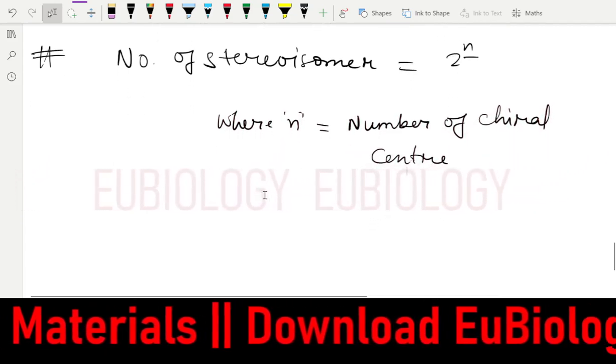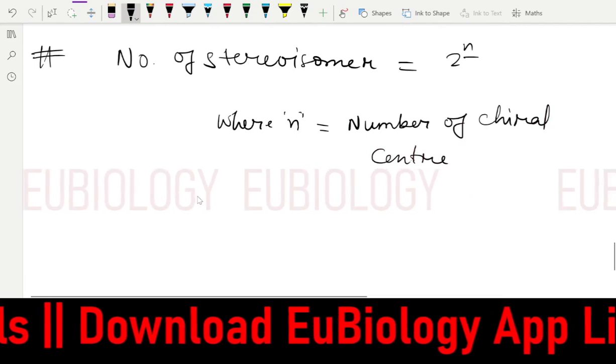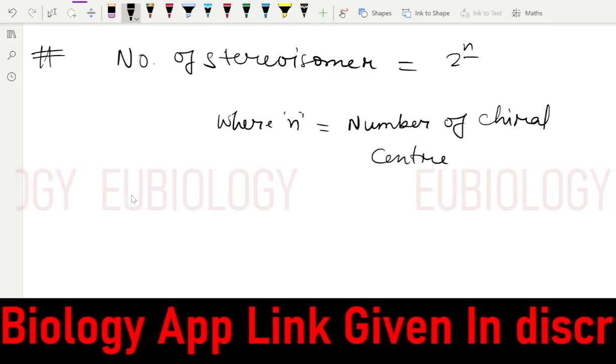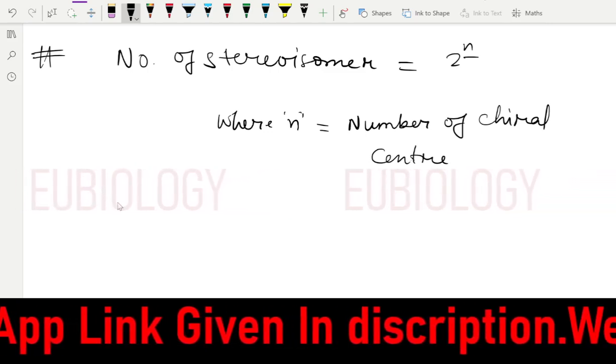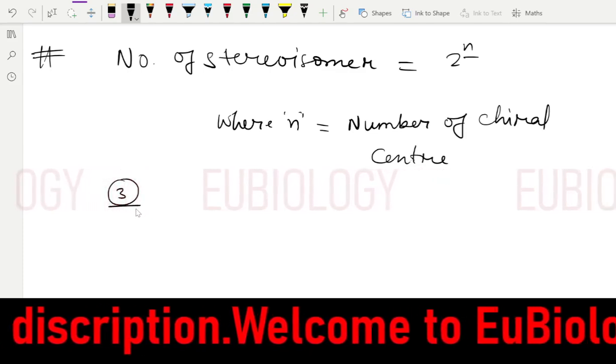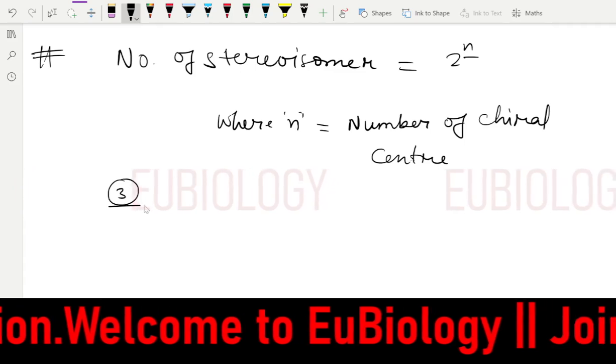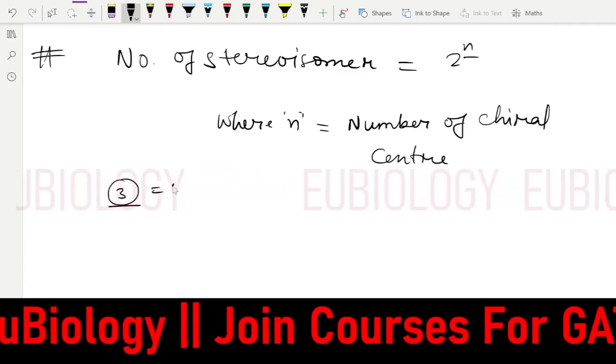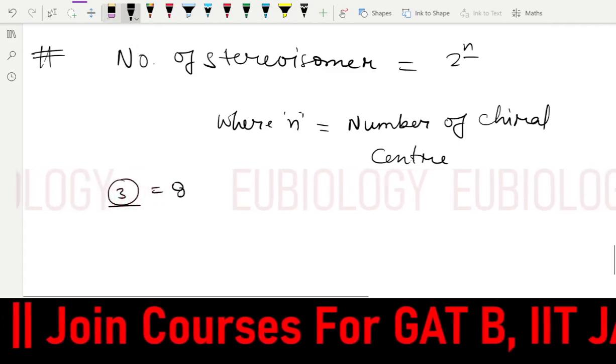That will give you the number of stereoisomers. If I ask you about a compound in which 3 chiral carbons are there, how many stereoisomers will form? Total 8. Yes or no? Correct. Like that you can find it.